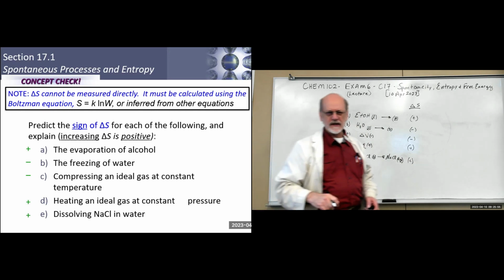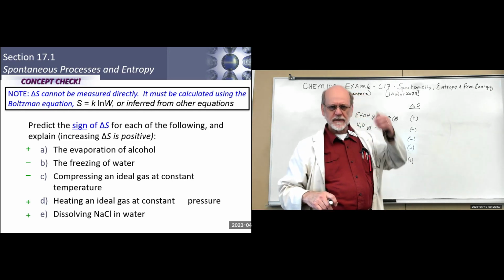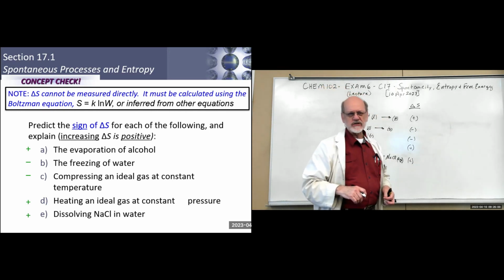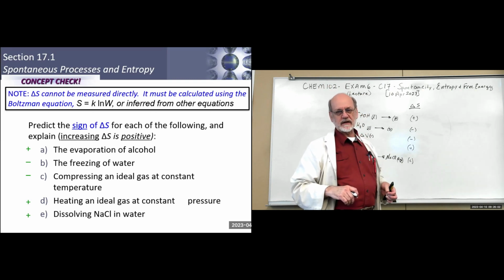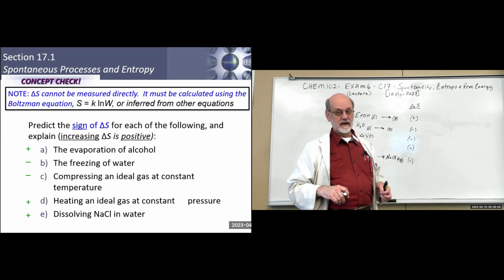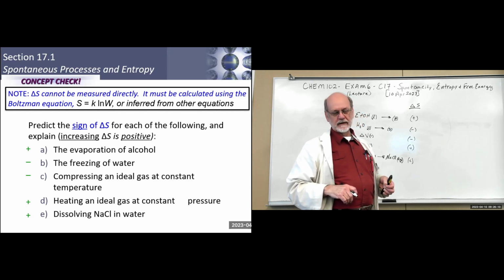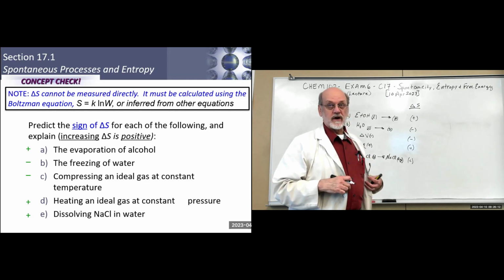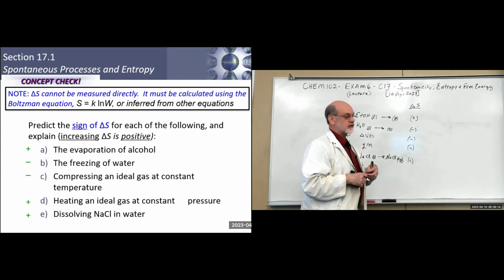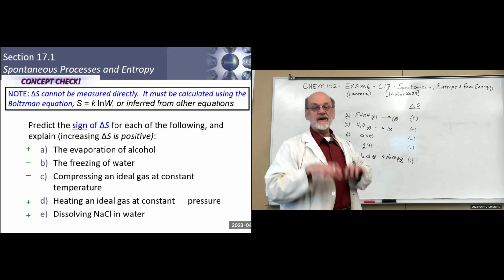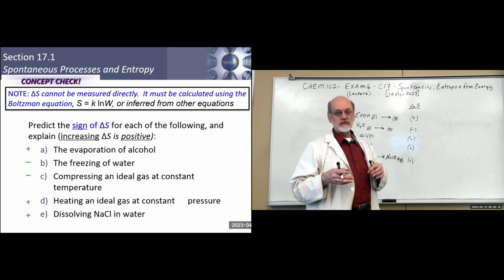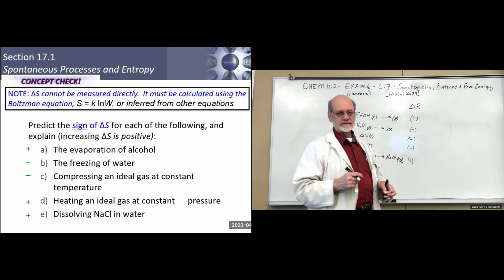Okay, about that topic at the top, that note. Change in entropy cannot be measured directly. That is true. It has to be calculated using a formula. And this was developed by Boltzmann. There were a lot of people working on this. Clausius introduced the topic, but then it took a lot of other people to work out the details.